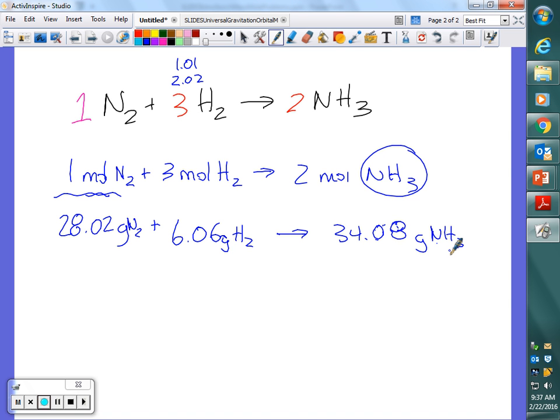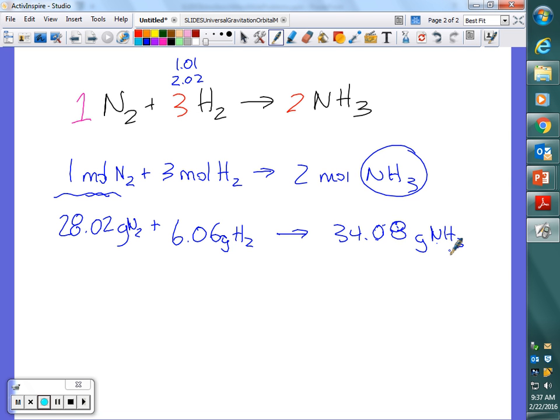There are 4 atoms in the molecule. Donna, what are they? Nitrogen and whatever you put in front of hydrogen. 3. There's 1 nitrogen and 3 hydrogens in each molecule. Does that make sense? Okay?